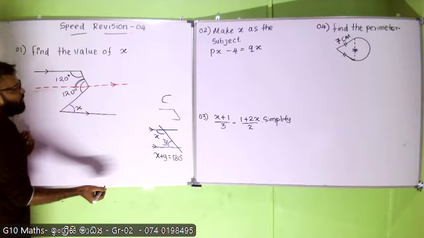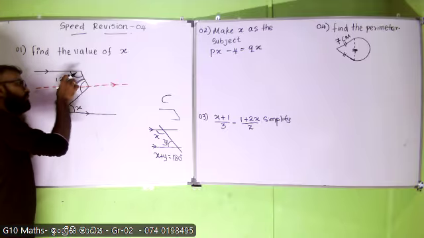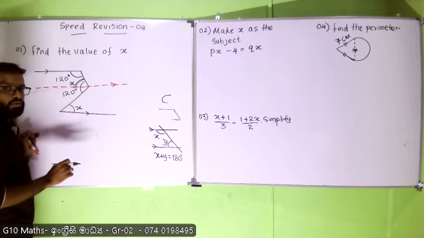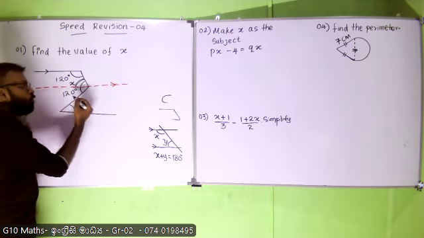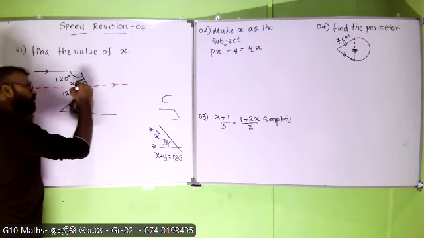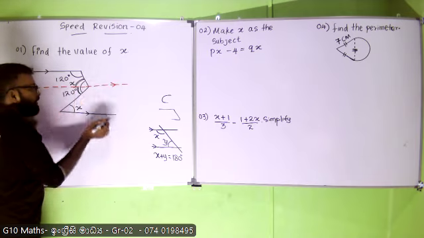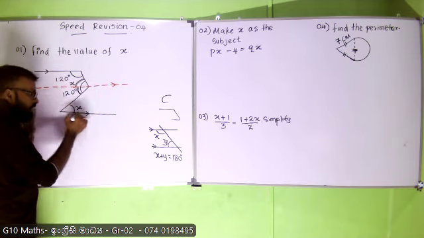So by using that, you can find this. If you find this x, you can subtract that value from 120 so that you can find this one. Then this is an alternate angle.